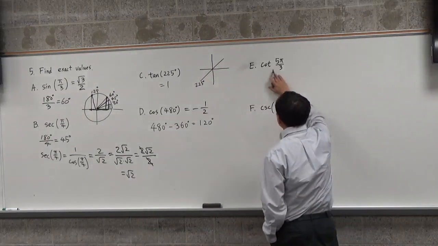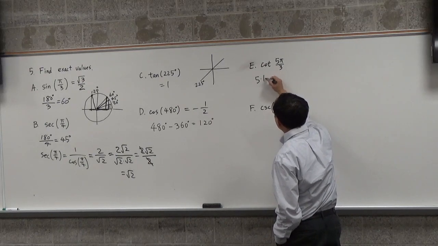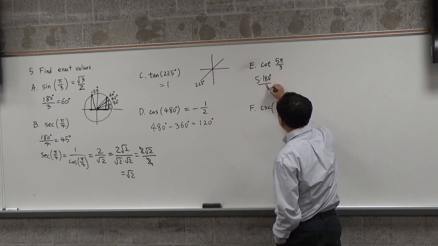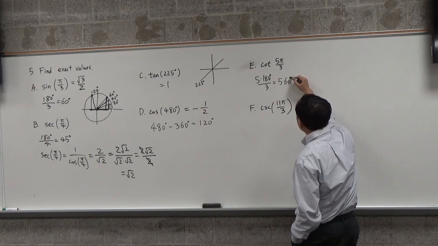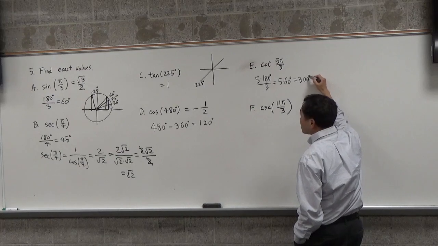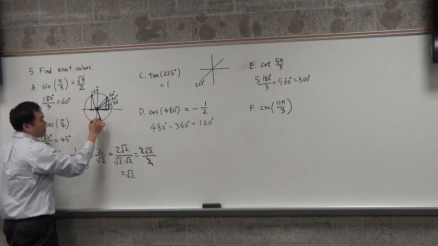Okay, cotangent. Now 5 pi over 3, let's see what that angle is first. 180 divided by 3 is 60, so it's 5 times 60 degrees, which is 300 degrees. And 300 degrees is somewhere here.